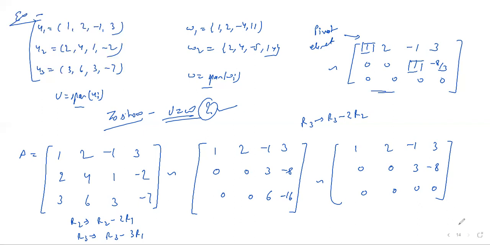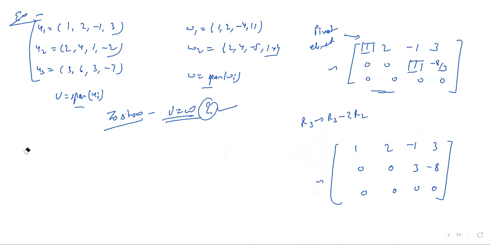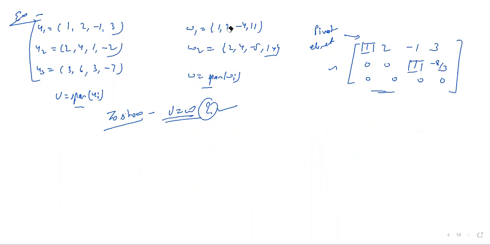Now let's deduce another matrix, which is B. Let's say I'll transform the vectors of W into the matrix B, and then we'll try to reduce this into the row echelon form.